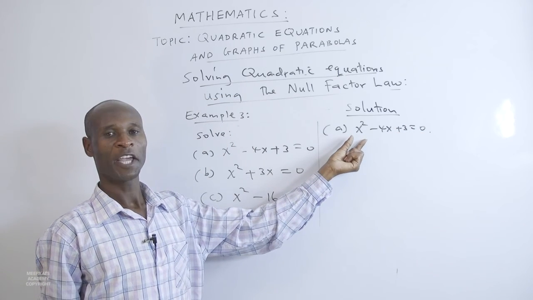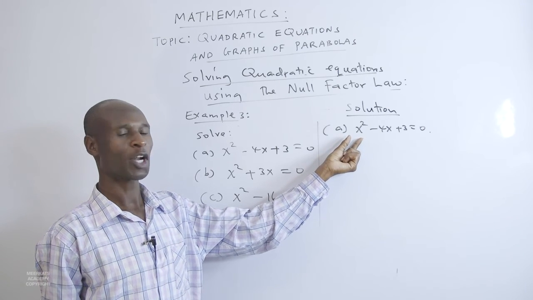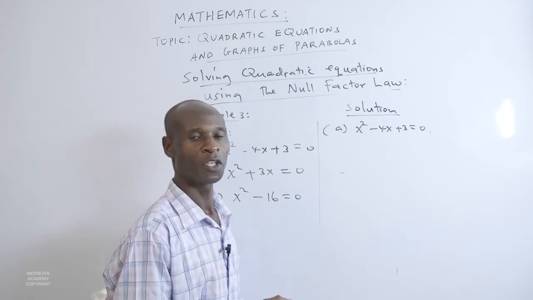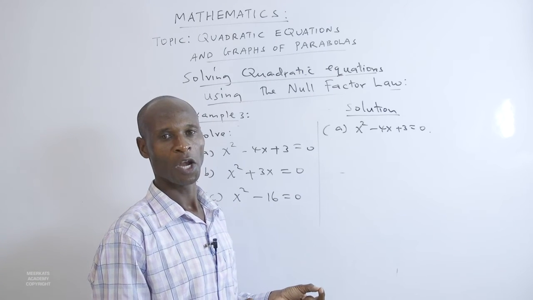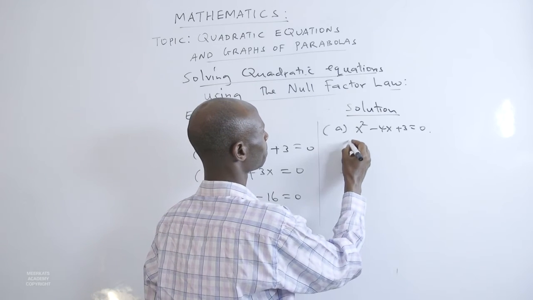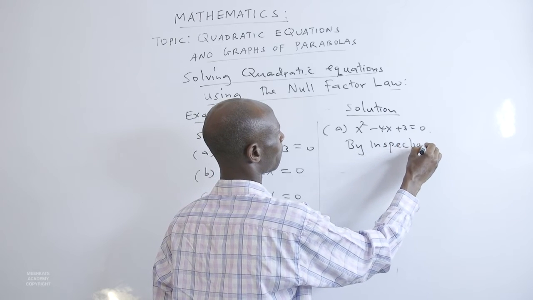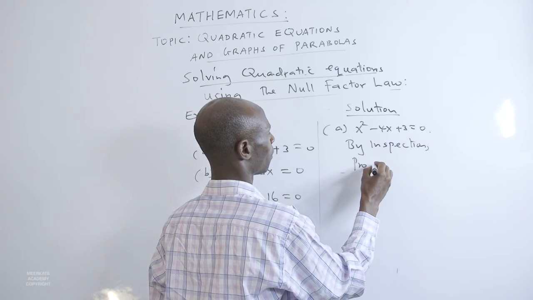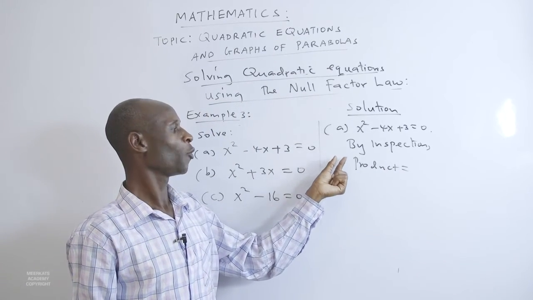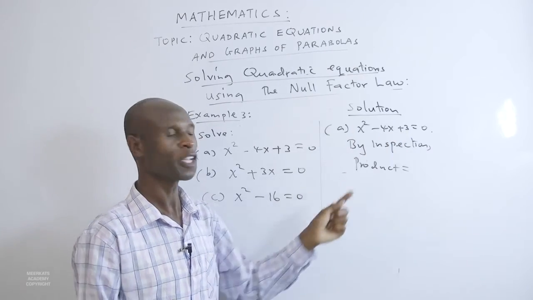To solve part A using the null factor method, first of all, we need to use the trial and error method to find the factors. So to find the factors, look for two numbers such that by inspection, their product will be 1 times 3.